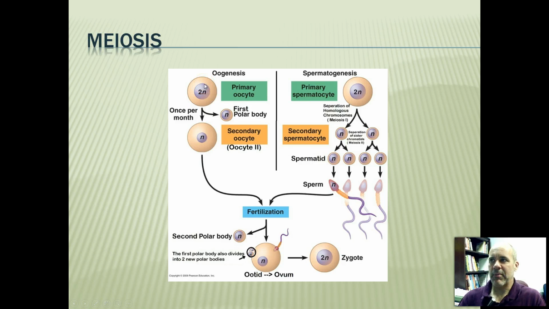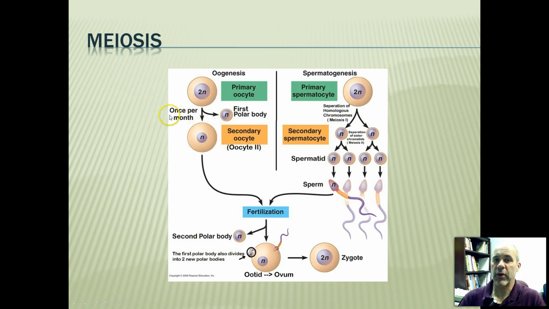Now the story gets a little more complex than this, but in the ovaries you have a cell type. These are big individual cells called primary oocytes, and they're 2n. They've got 46 of the mama's chromosomes in them. And then at a point just before ovulation takes place, the primary oocyte divides and becomes a large secondary oocyte.